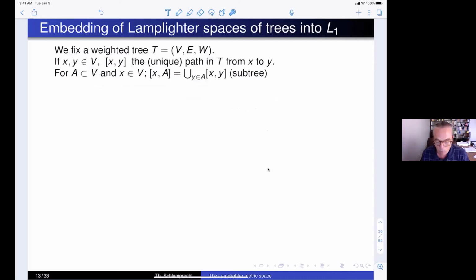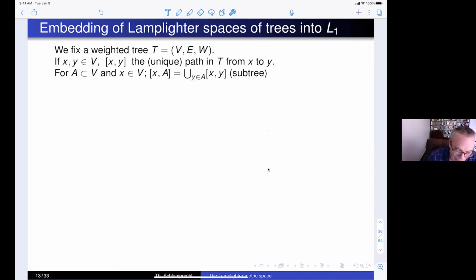Okay, so now let's embed the Lamplighter space of trees into L1. How to do this? So from now on, I will fix a weighted tree T, and for x and y in V, I call the interval [x,y] the unique path in T from x to y.